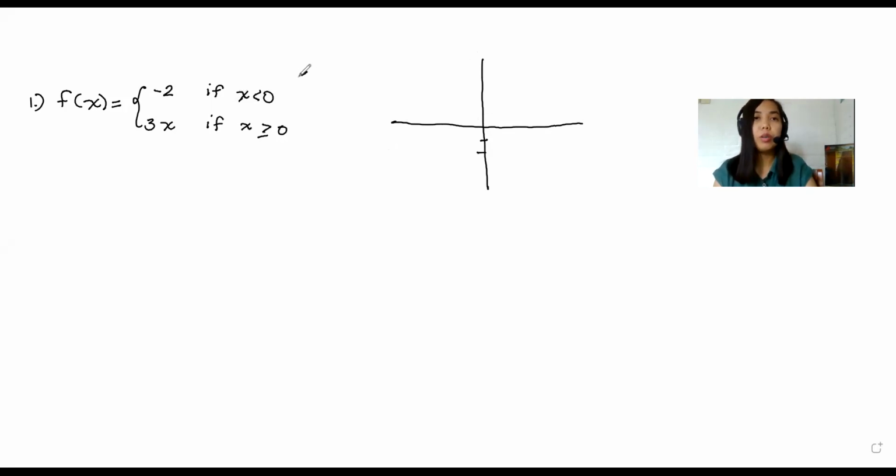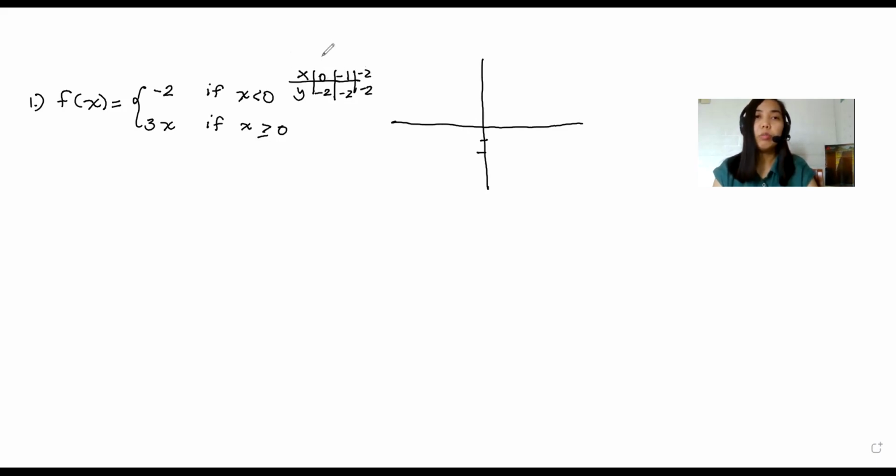So if x is 0, y is still -2. So if we have less than 0, going to the left, 0, -1, -2. If x is -1, y is -2. If x is -2, y is still -2. So that's why it's a constant function.